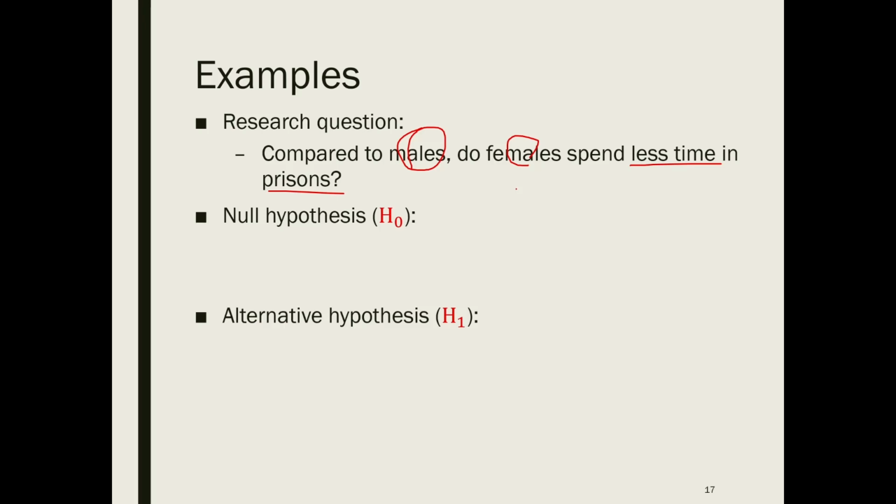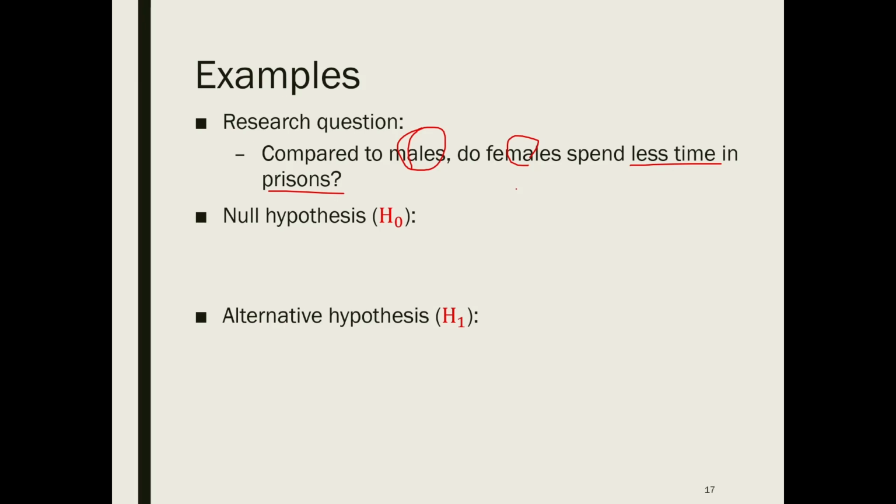Now think about this logically. If there is no relationship between gender and the length of incarceration, what will happen? Male and female will spend the same time in prison, right?